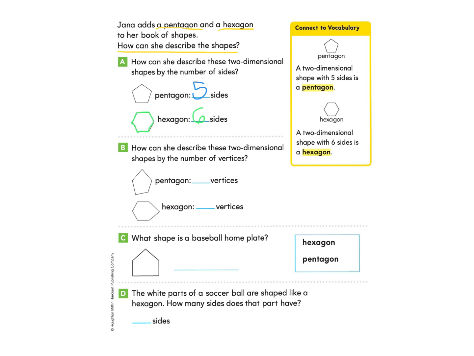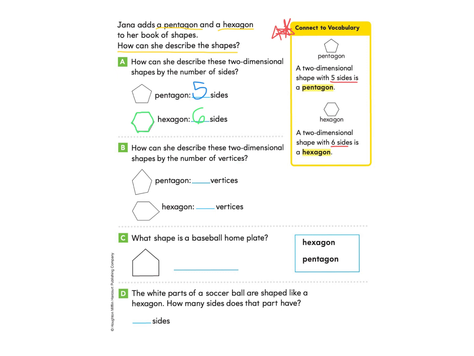When we look at our connective vocabulary, we see that a pentagon is a two-dimensional shape with 5 sides, and a hexagon is a two-dimensional shape with 6 sides. So we have done this part correctly. Let's take a look at part B. How can she describe these two-dimensional shapes by the number of vertices?